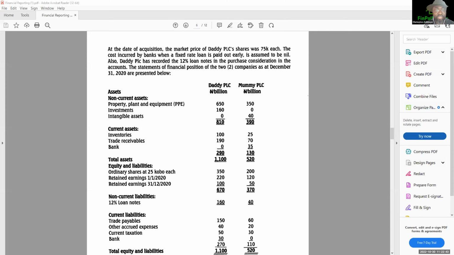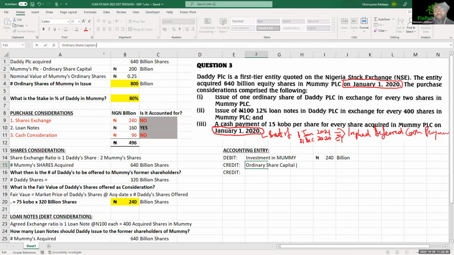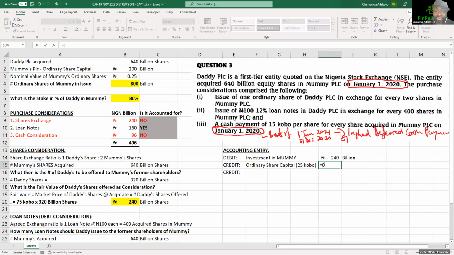The nominal price of 25 kobo, that's 0.25 naira, times the 320. Remember, this 240 was gotten from 640 shares. This 640 shares was what I acquired, but I issued 320. Therefore 25 kobo of the 320 shares I issued gives the nominal price of 80.